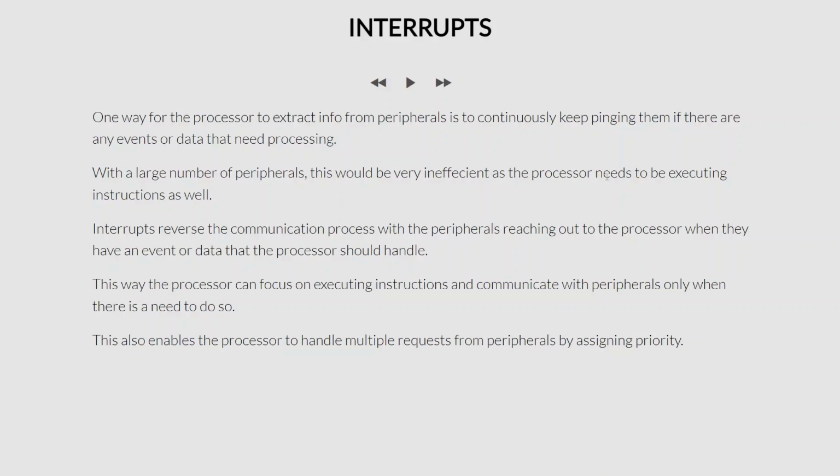They are all producing events. Now the question is, instead of the processor going out to them, if they reach out to the processor, it can assign priority to the different interrupts and say, okay, the PWM is high priority or ADC is high priority, timers are low priority, things like that. So these things can be assigned priority by the processor so that it can actually handle interrupts in a better manner. Now let's go into the details.